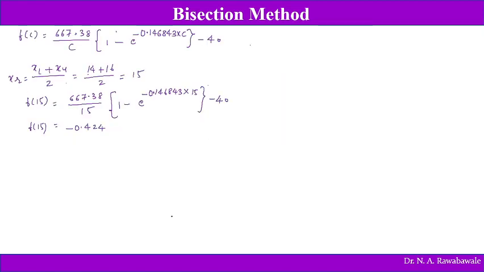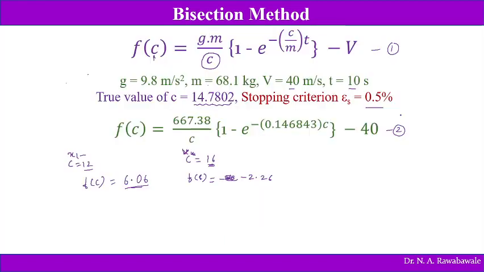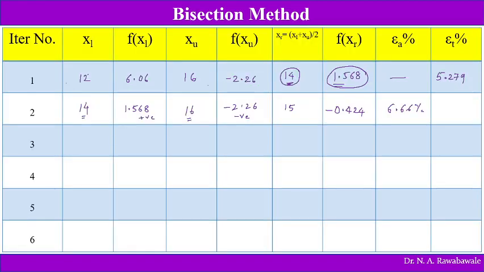So approximate error in this case is 6.66%. To which extent do we have to do calculations? One condition is given in the problem. Stopping criteria is 0.5%. When this error or this error both fall below 0.5, then we have to stop.